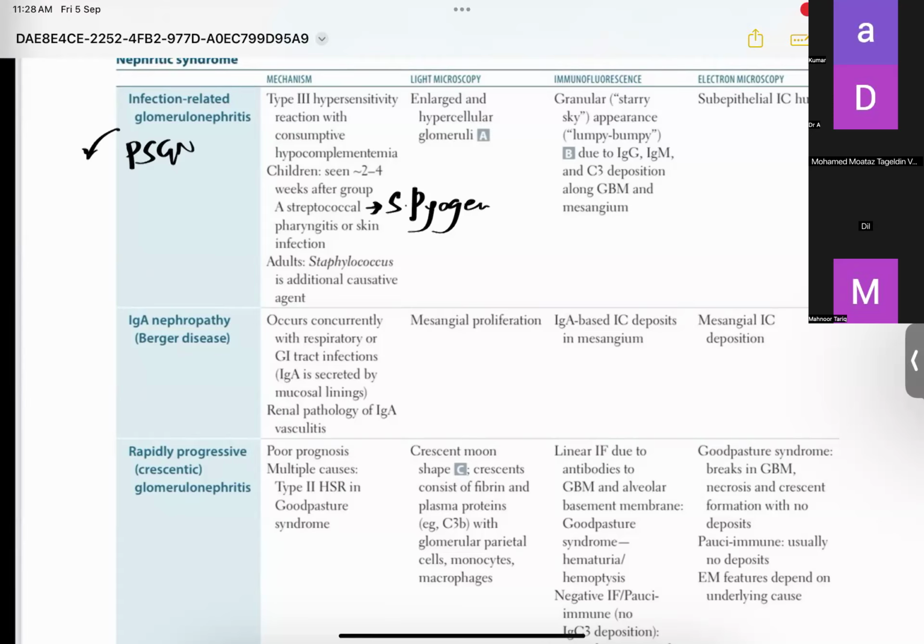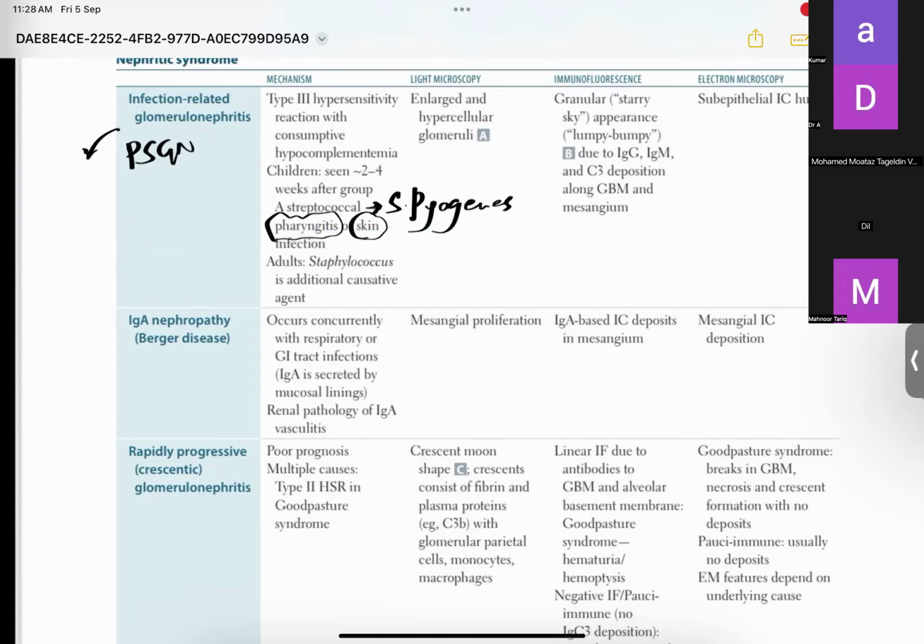Group A. So we have Strep pyogenes, okay? And I think Dr. Ali has done the session on Strep pyogenes with you, right? So in Strep pyogenes, we have pharyngitis, right? We have impetigo, right? You know this?